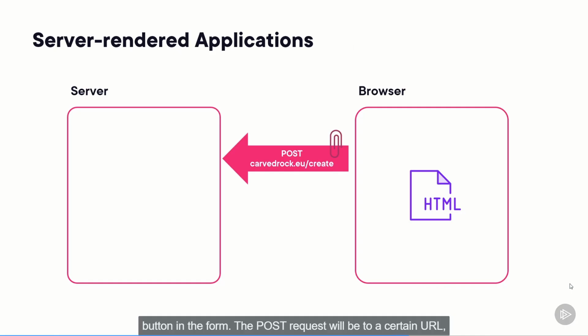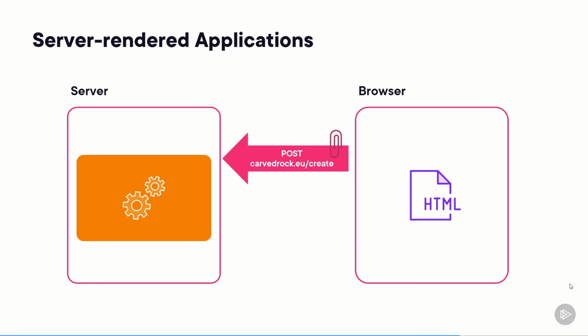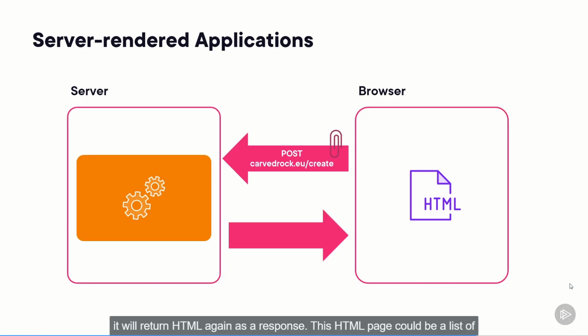The POST request will be to a certain URL, but this time the form data is attached. Maybe the attachment is a new product for Carved Rock. The server will take the attachment and process it, add the product to the database, for example. When it's done processing, it will return HTML again as a response.